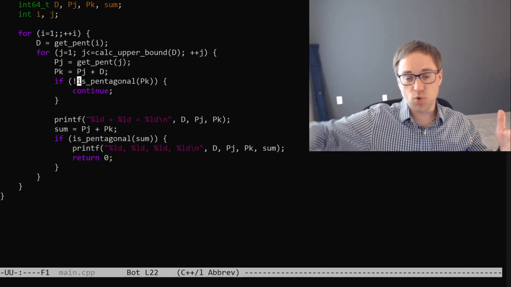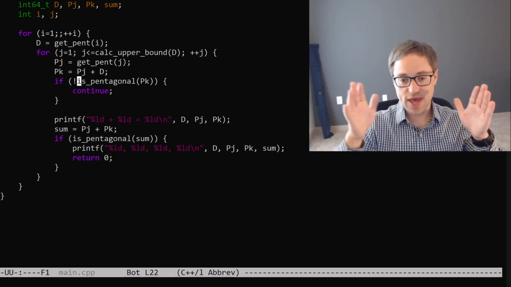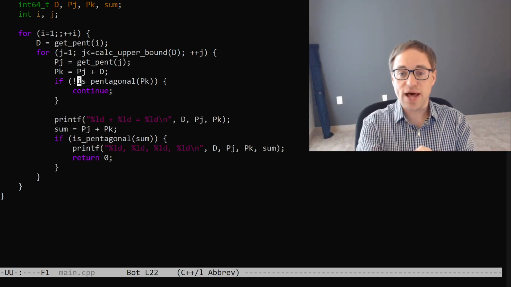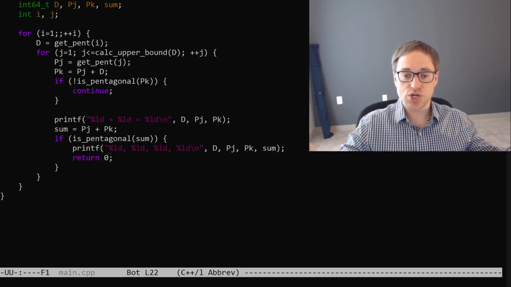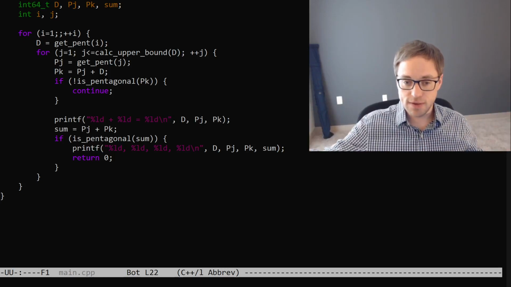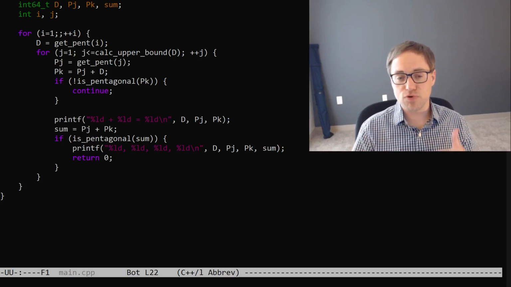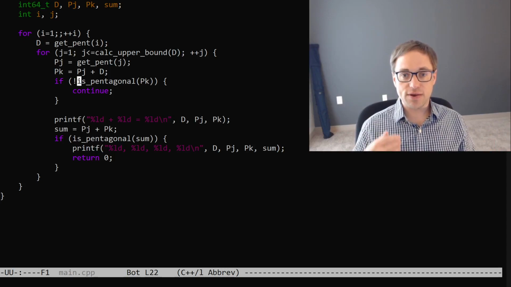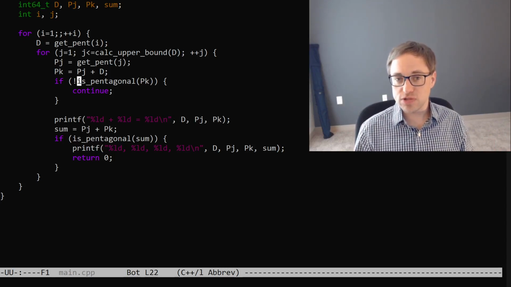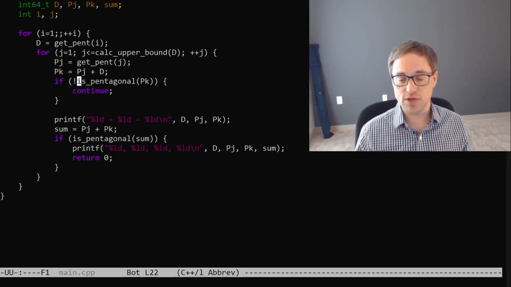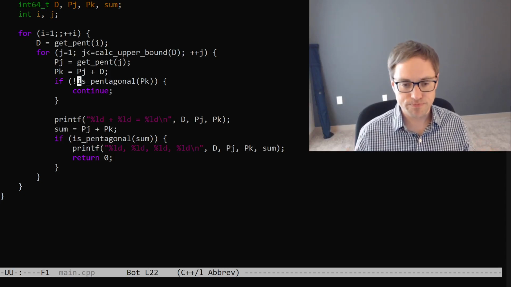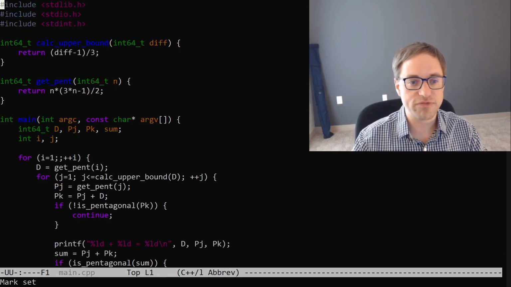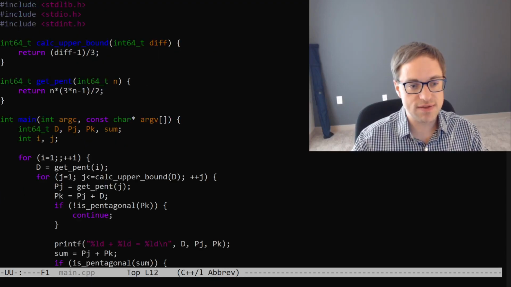So you ignore the larger half and focus on the lower half, and again examine the middle item in that subsection of the list. And you just keep repeating this process, narrowing down your range of search until you get down to just one item, and then it's trivial to check if that is the item that you're looking for or not. So that's the approach that we're going to take for our first pass at is_pentagonal.